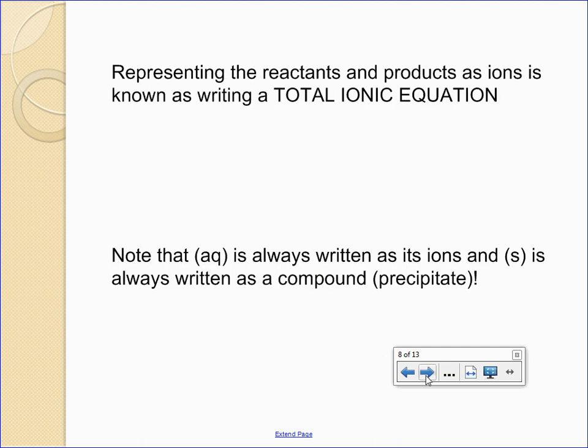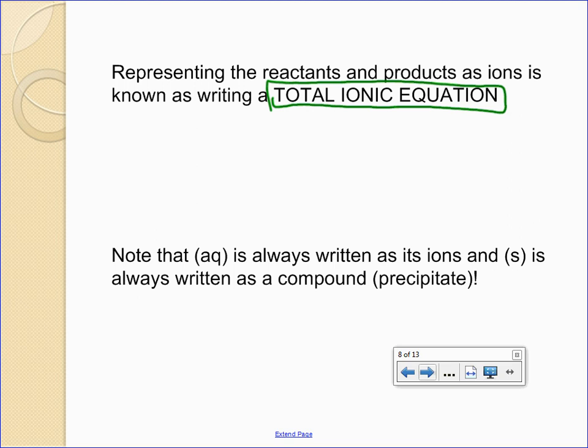So in this situation here, when we represent our reactants and products as ions, which we're going to do in a second, we refer to this as writing a total ionic equation. This is where anything that will be an ion in solution, we write as an ion.